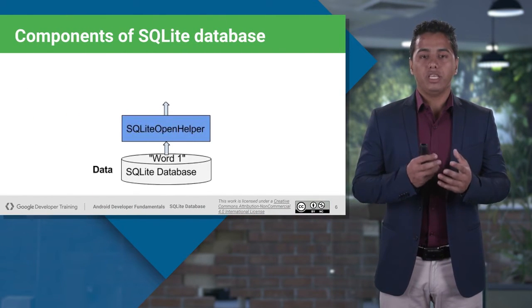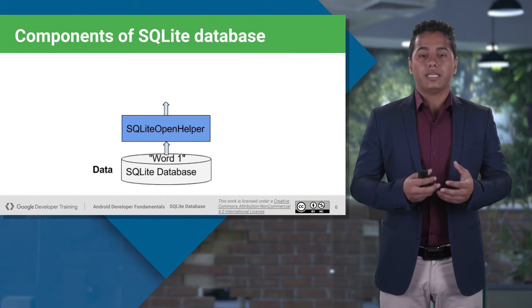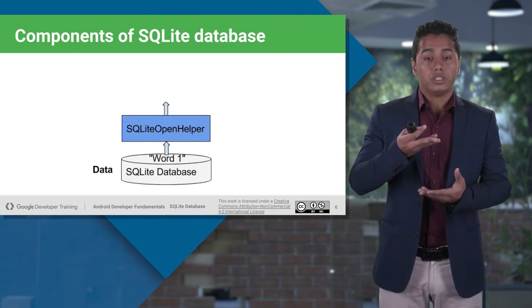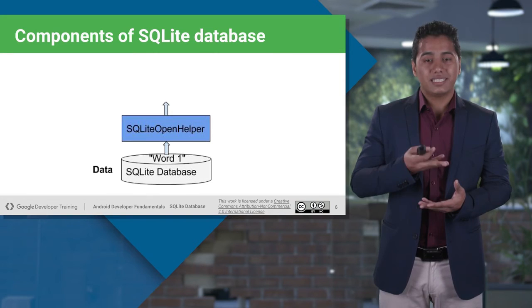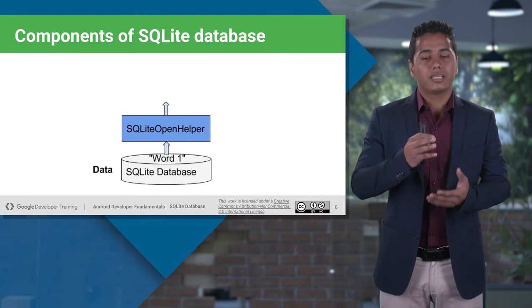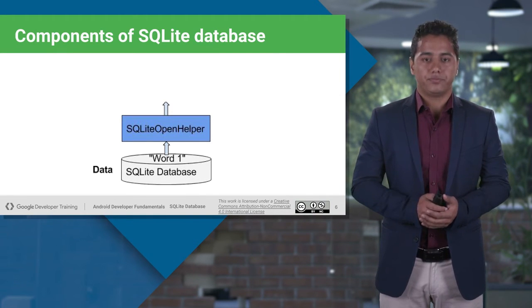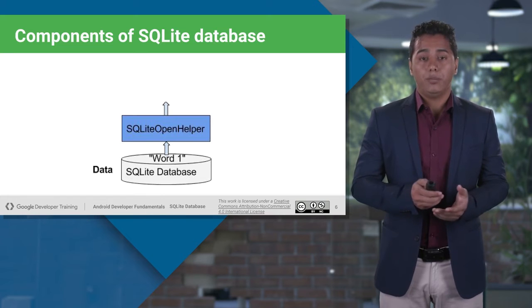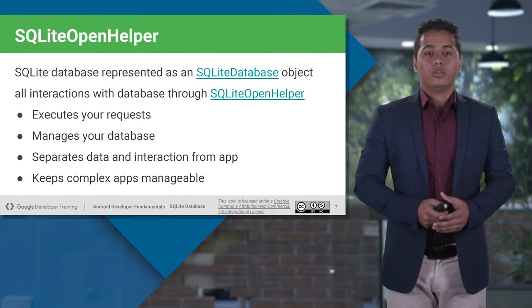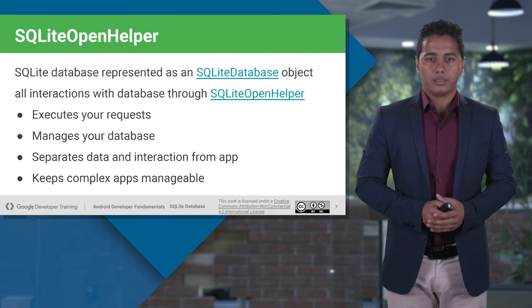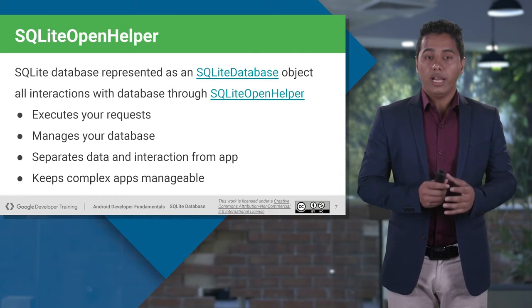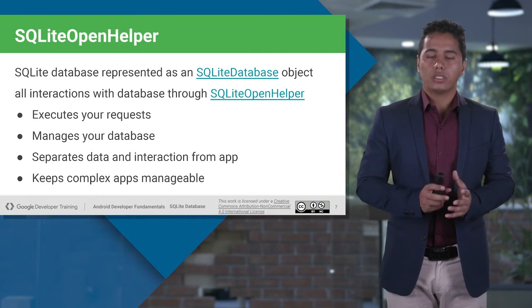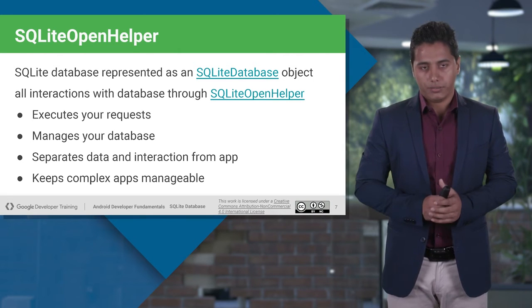So when we talk about the components of SQLite database, it contains at the top the SQLiteOpenHelper class, and inside the SQLiteOpenHelper class, you will be creating your SQLite database. So we will see how exactly we implement this whole structure. So let's just talk about the SQLiteOpenHelper class. SQLiteOpenHelper is the class which is responsible for creating and upgrading your database.